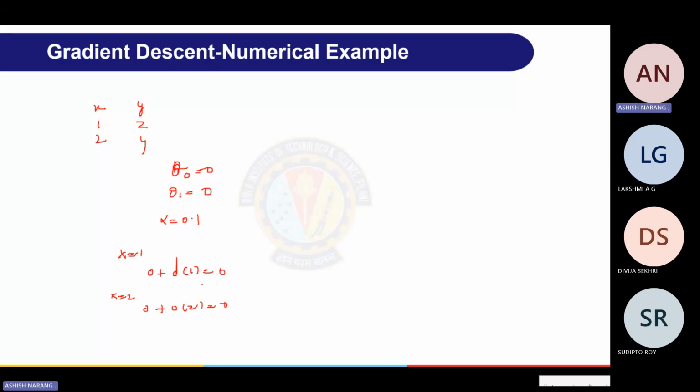But what is the error? You look at this: 0 minus 2, 0 minus 4. So the errors are minus 2 and minus 4. What is the average error? If I say 3.